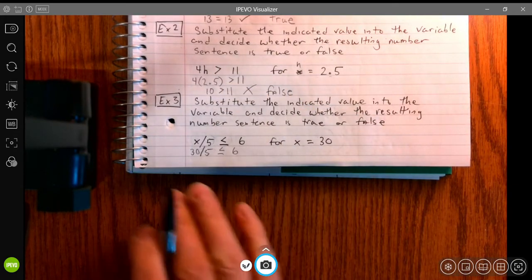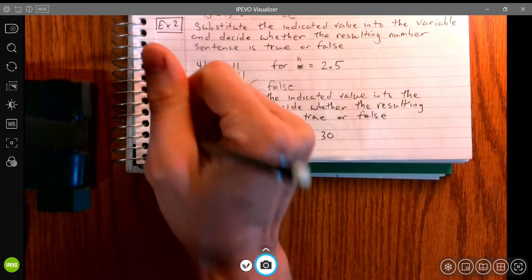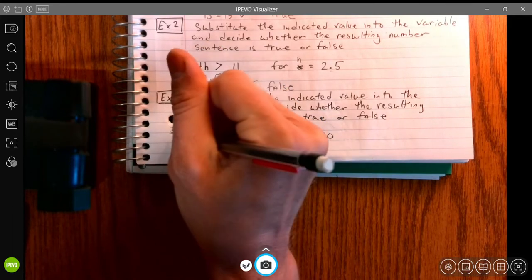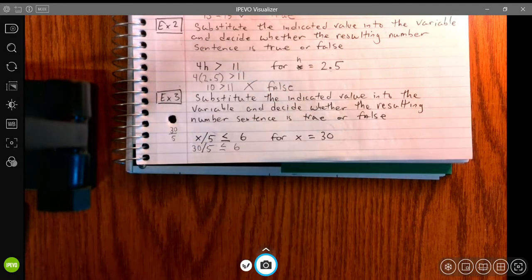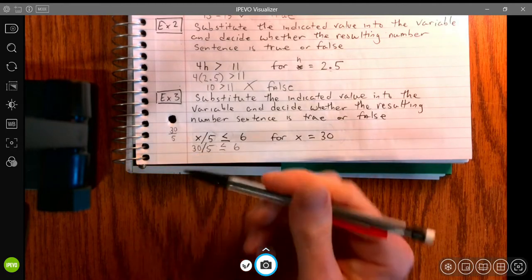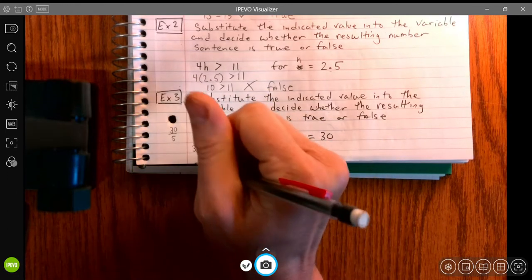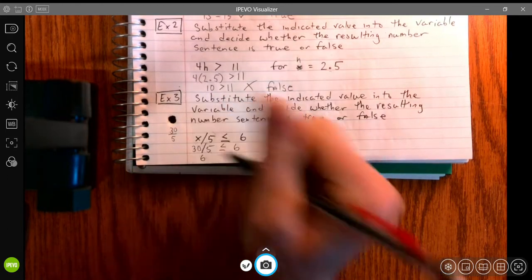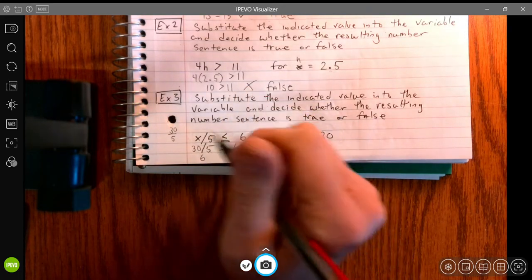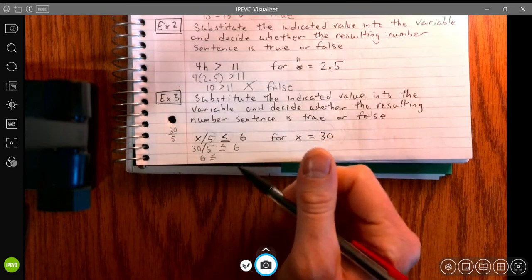Remember, this is a fraction, so it could look like this, but this is how it's going to look on a computer. That means 30 divided by 5. Well, 30 divided by 5 is 6. Going to copy down our less than or equal to sign. No operation on the right.